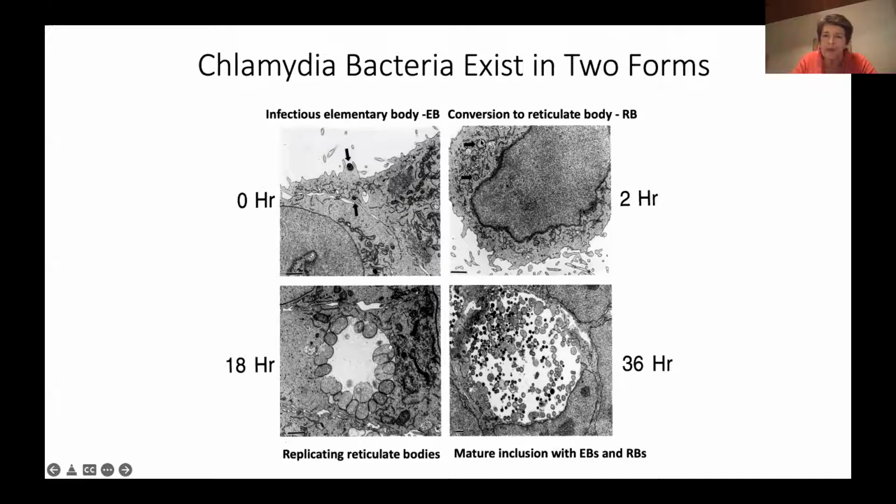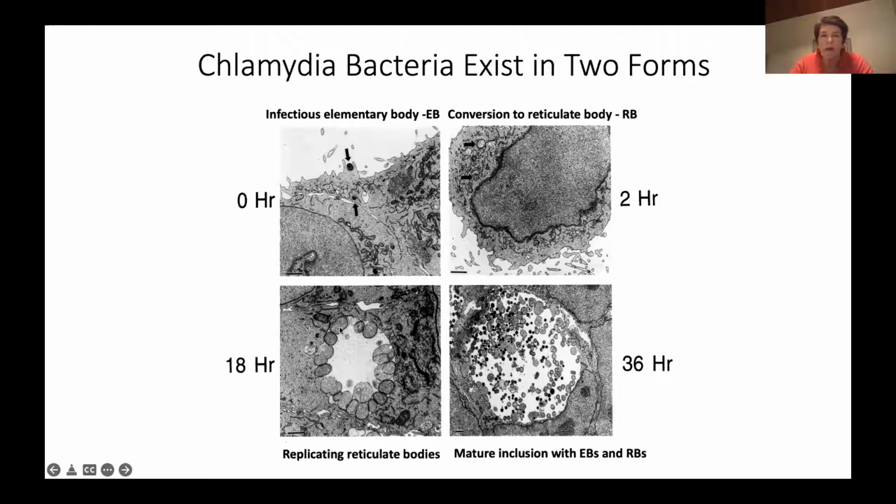And you can see, here's a picture of reticulate body 2 hours after uptake. And then it starts multiplying by just division. So it divides and divides, all the while stealing nutrients from the host cell to make progeny or daughter cells or daughter chlamydia.